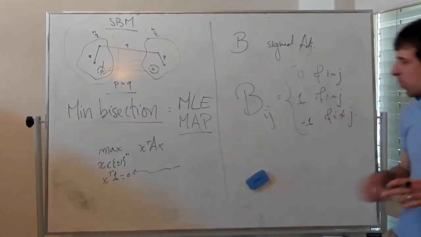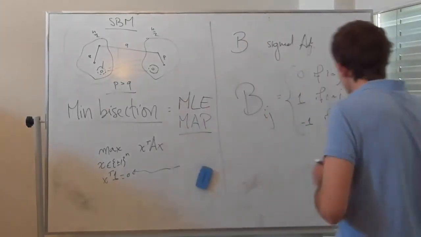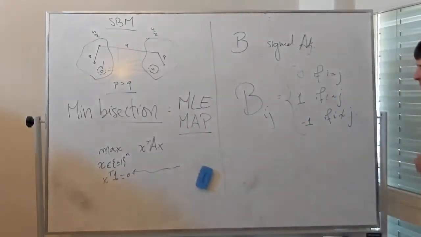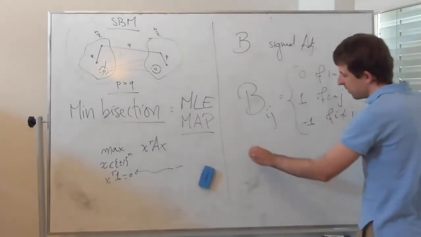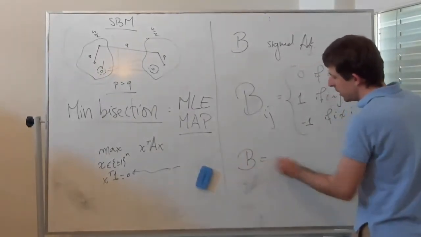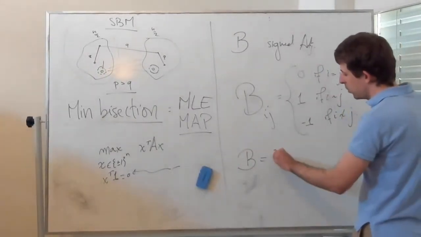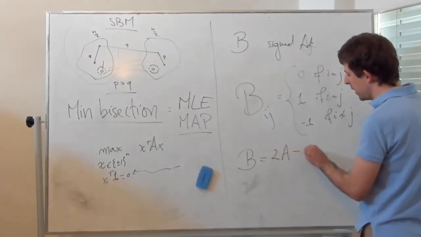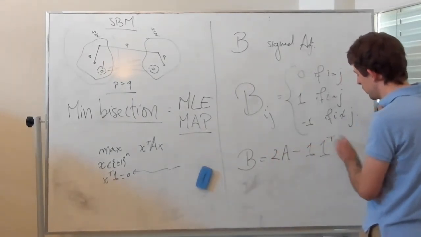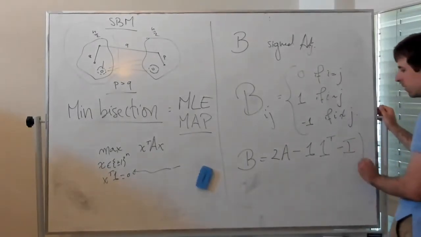If you think about what B is, it's simply A minus a multiple of the whole ones matrix, and maybe an identity. In particular, B is 2A minus 1 transpose minus identity.